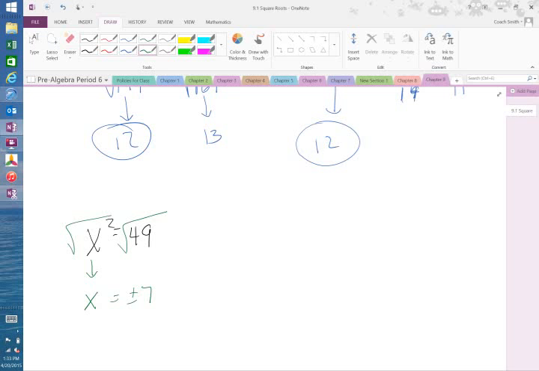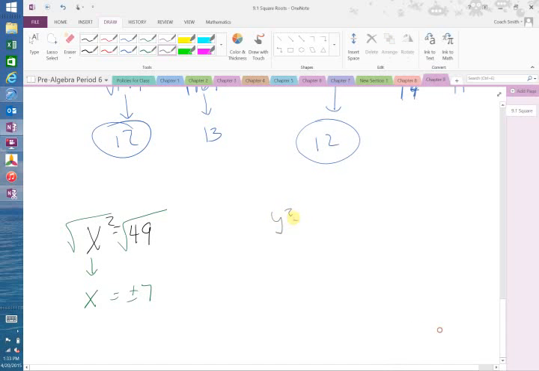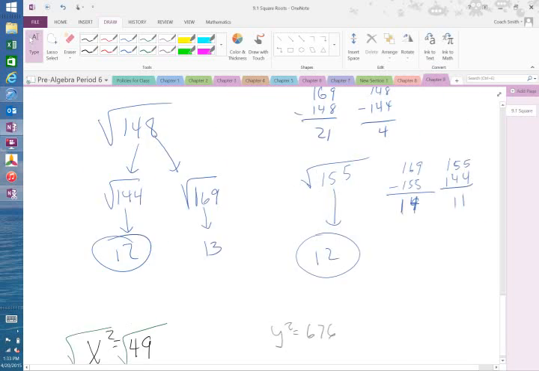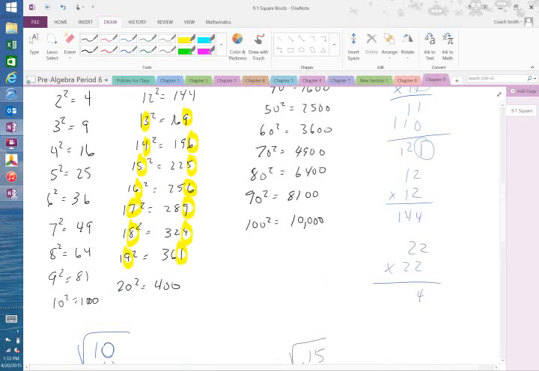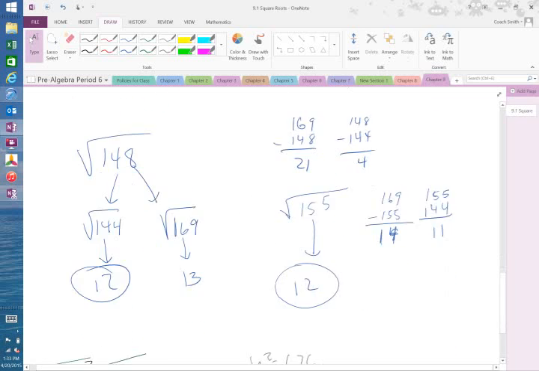Let me look at one here. Y squared equals 676. Now, here's where it becomes a little bit more difficult, but you've got to use what I talked about when we were doing this up here with the circles.